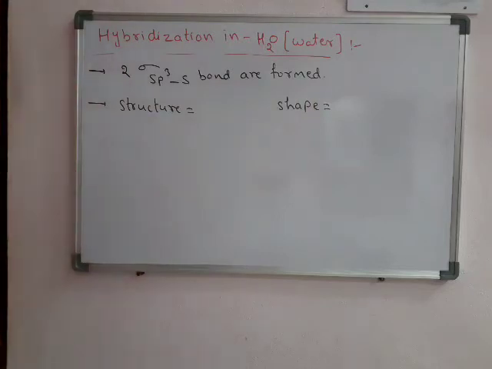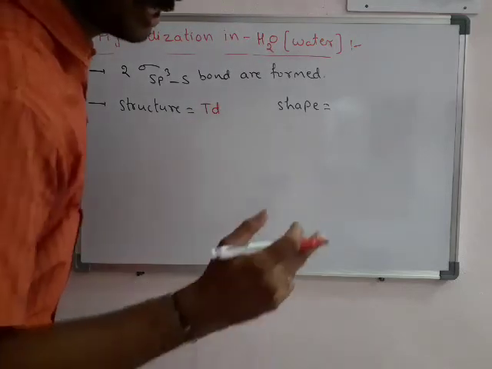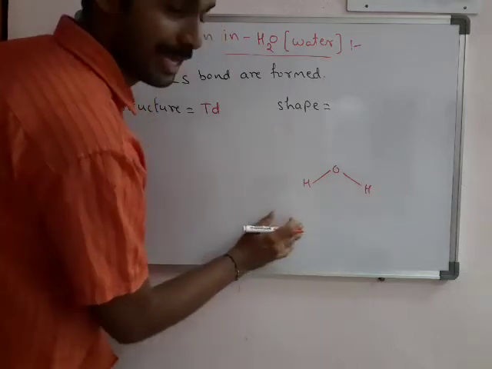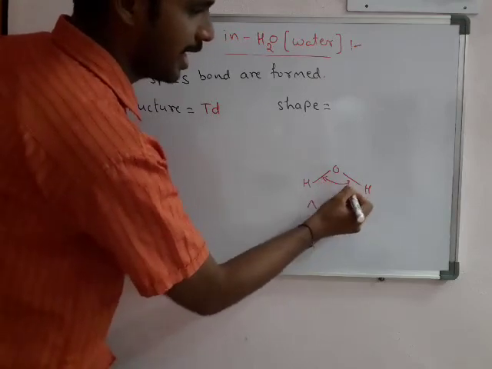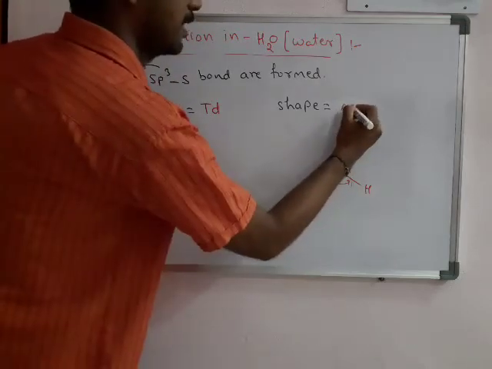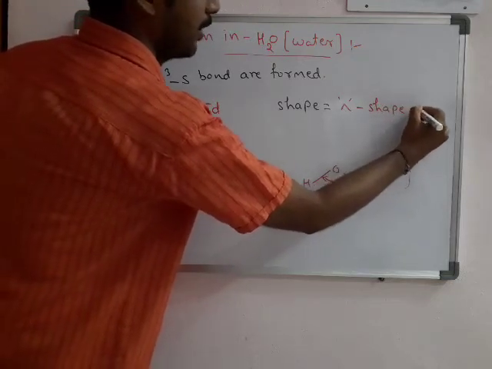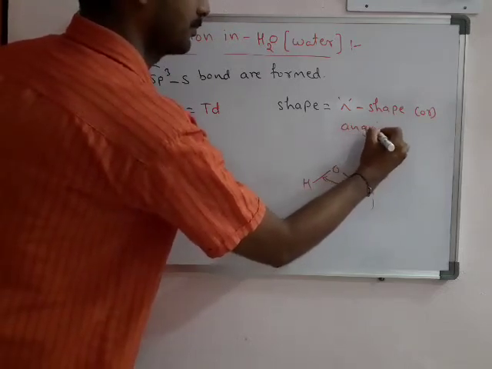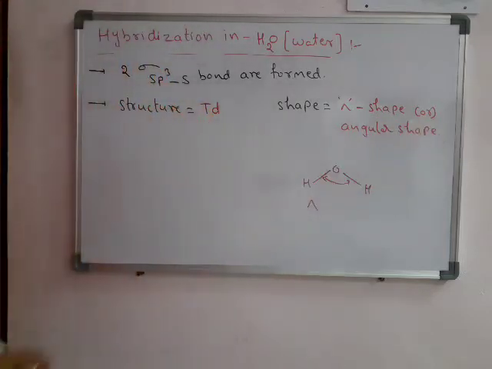What is the shape? The structure means take the lone pairs also, that is exactly tetrahedral structure. What is the shape? Only 2 bonds are present. So it was like this. It is treated as a reverse V shape or simply treated as an angular shape. The other name of it is angular shape.